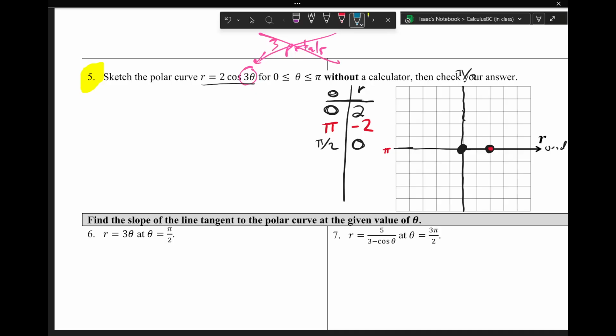But also, think about this 3. We can make some good educated guesses. Pi over 3 is a good one, because when I multiply that by 3, I just get pi. The cosine of pi is negative 1, times 2 is negative 2. So in the pi over 3 direction, which would be roughly about here, I need to go negative 2.